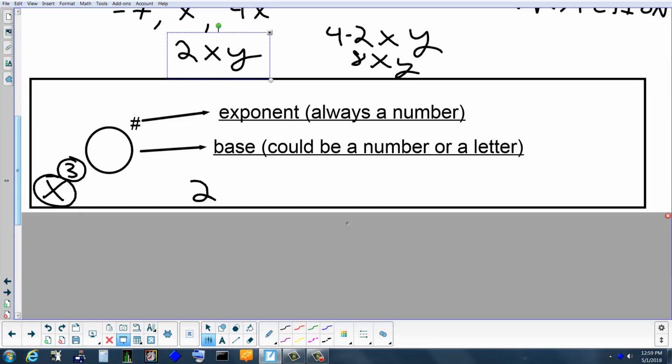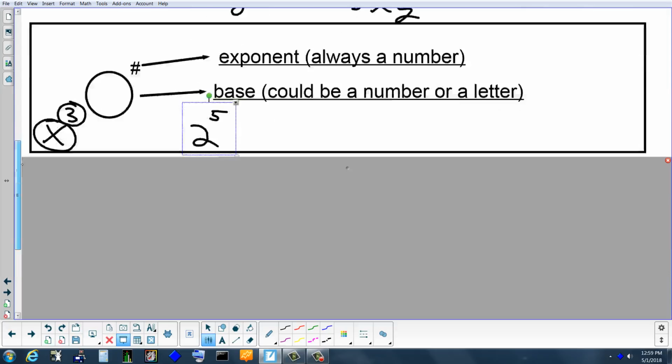Let's do this one. 2 to the 5th. Do you want us to write these down? Nope, you don't need to, as long as you know which one is the base and the exponent. What's the exponent in this one? Yep, Josiah? 5. What's the base? Yep. 2. Any questions on how you tell what number is the base and which number is the exponent?